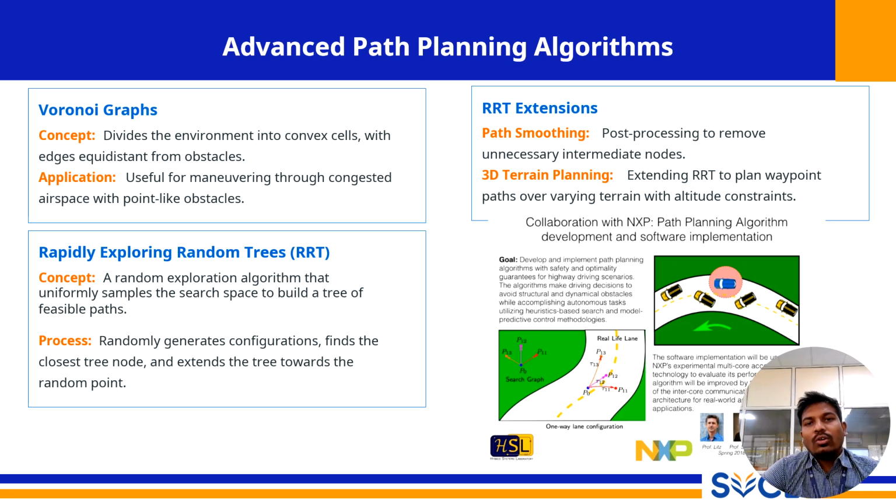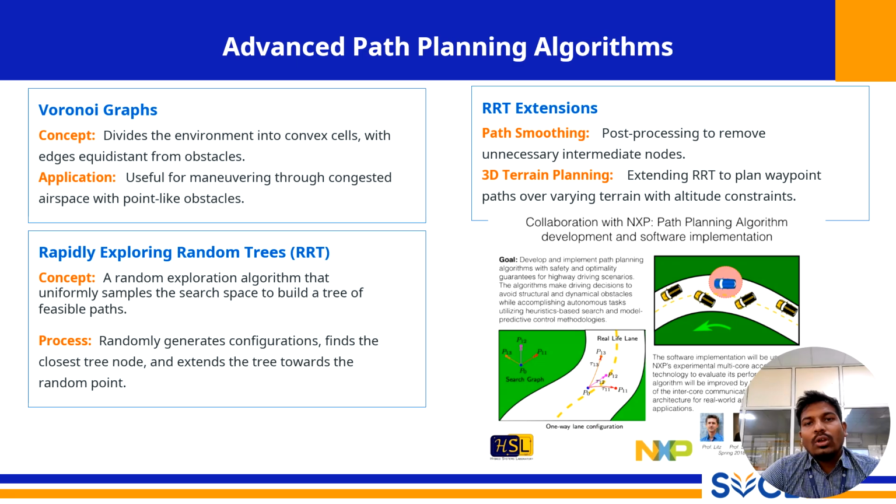Next, we'll look at the most modern and widely used algorithm, especially in robotics and autonomous vehicles, the rapidly exploring random tree, or RRT.